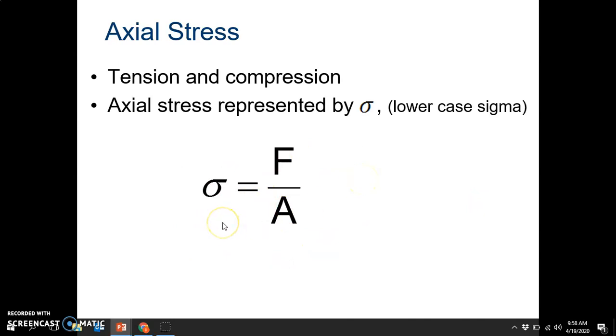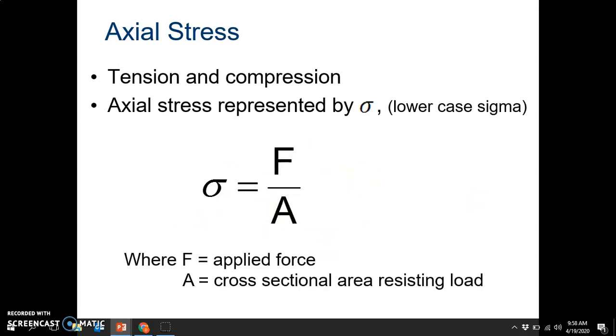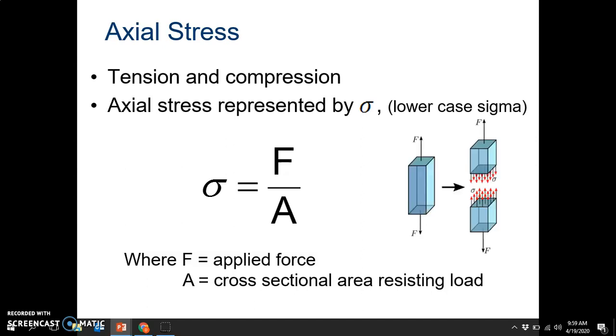It's stress equals force over area. F is the applied force, measured in either pounds or kips. And A is the cross-sectional area, typically measured in inches squared. So it's pounds per square inch or kips per square inch, PSI or KSI.